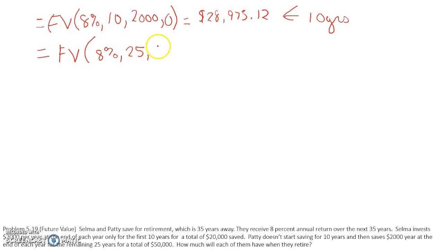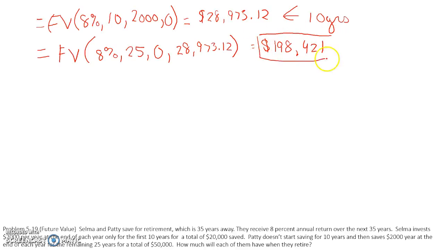We do not plan to, at least in this problem, add any payments, so it'll be 0. And our present value is $28,973 and 12 cents. This comes out to be $198,421. This is how much Selma will have at the end of 35 years.